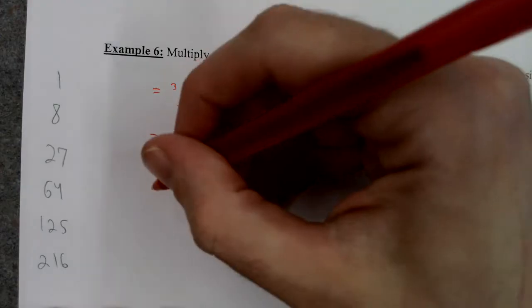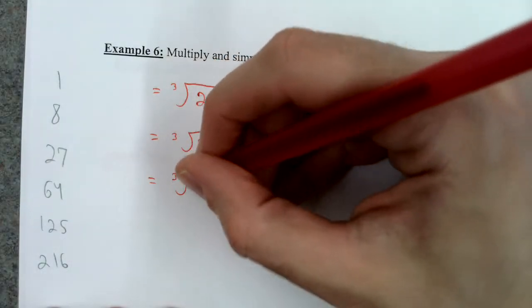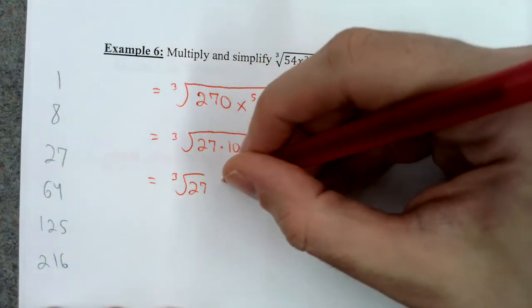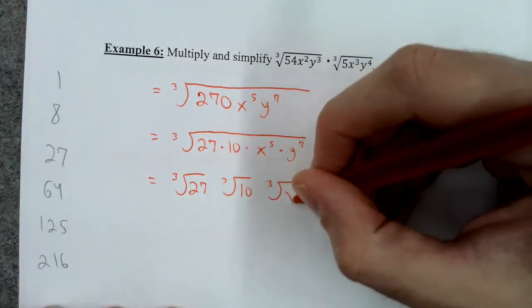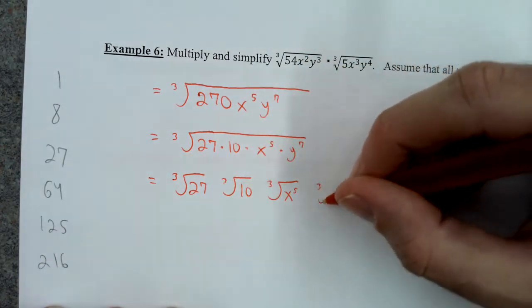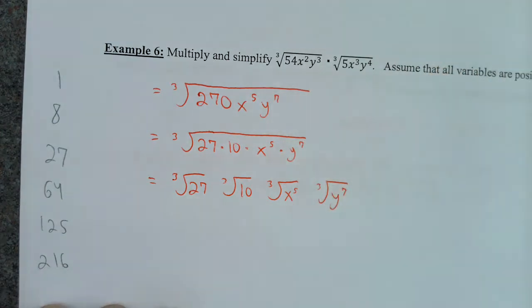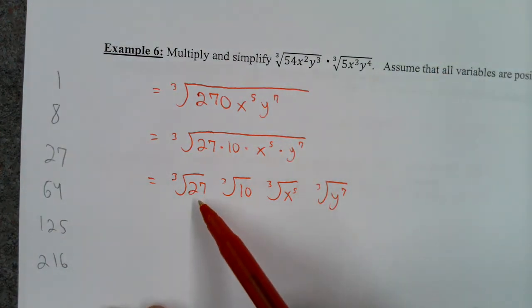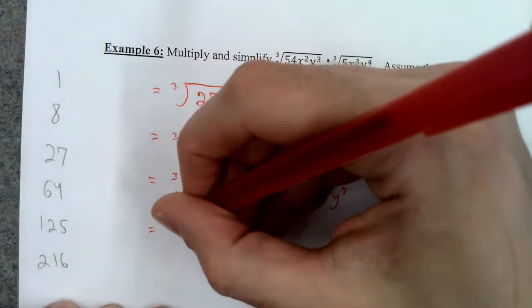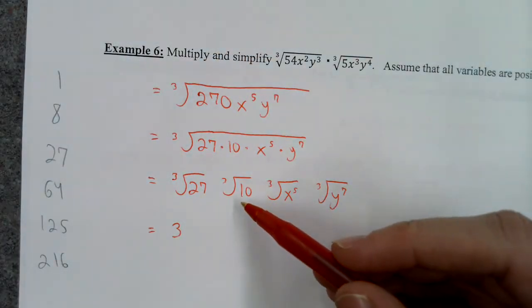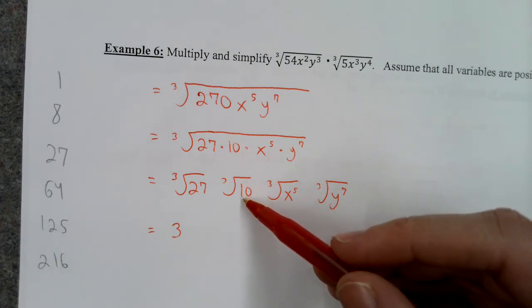And again, I like to break this apart more. You don't have to do this if you don't want to. I like to rewrite it like this now. The cube root of 27 is 3 because 3 times 3 times 3 is 27. The cube root of 10 is going to stay under the cube root.